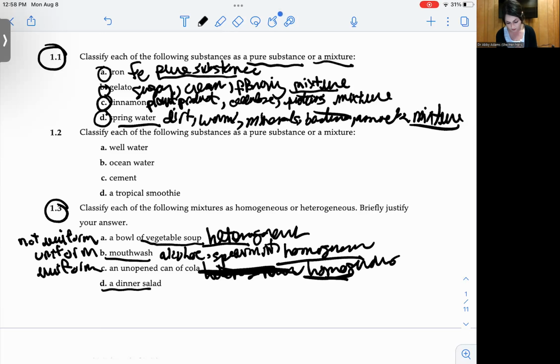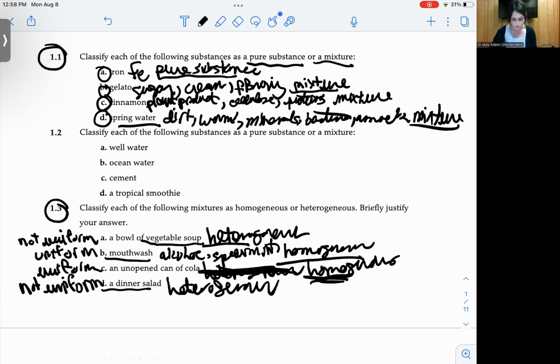So this uniform is homogeneous. Okay. And a dinner salad is what, C? If you caught that error, that means you were paying attention. A dinner salad, that's a heterogeneous mixture, right? Because you can see those things. You can see those peppers. You can take them out of there. That's not uniform in its consistency. Okay.